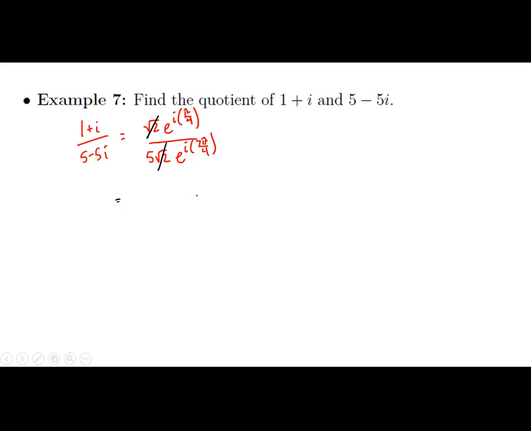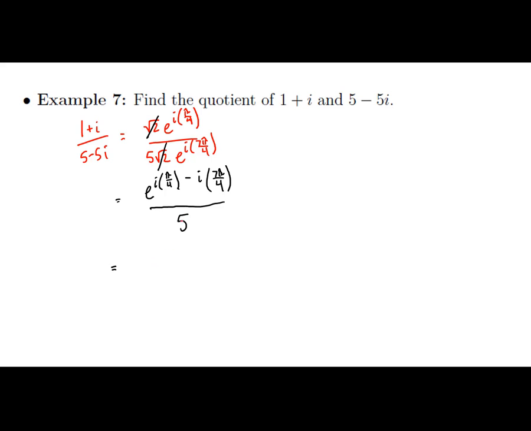So this can become e to the I times pi over 4 minus I times 7 pi over 4, and then that's all divided by 5 still. That didn't cancel out. And we've already got a common denominator, so that's pretty nice.